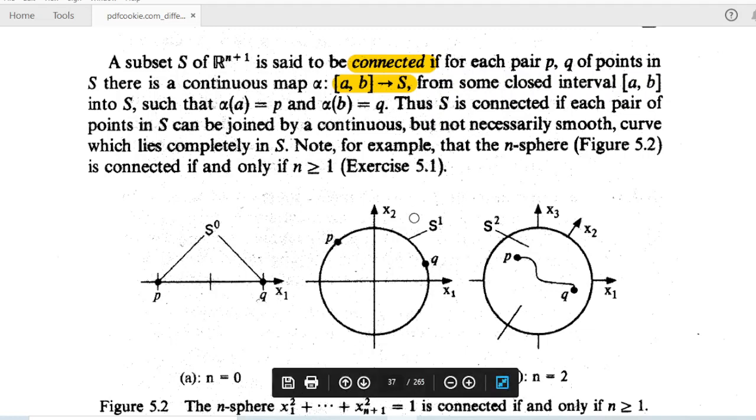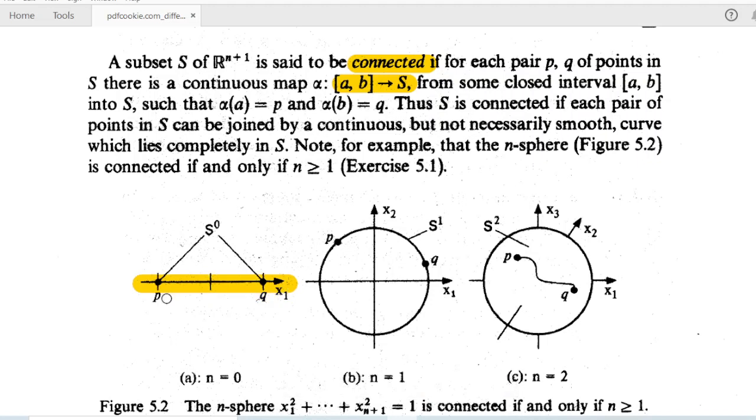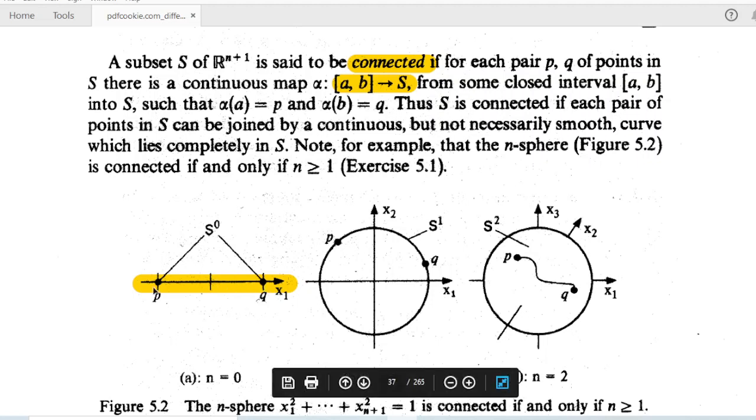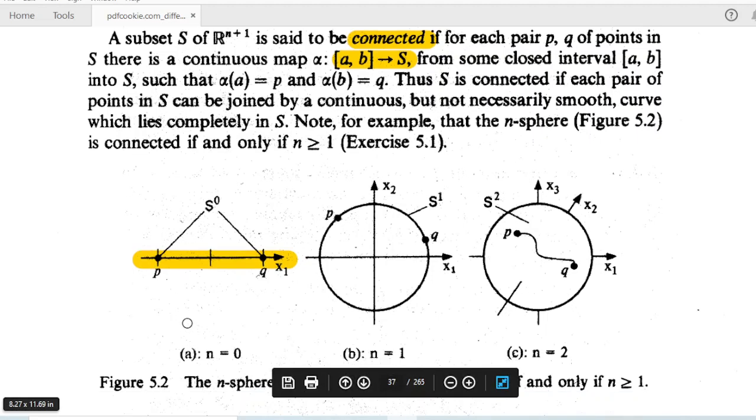If we look at this line x1, this is a connected set, right? Now we can say in the first we have three graphs.